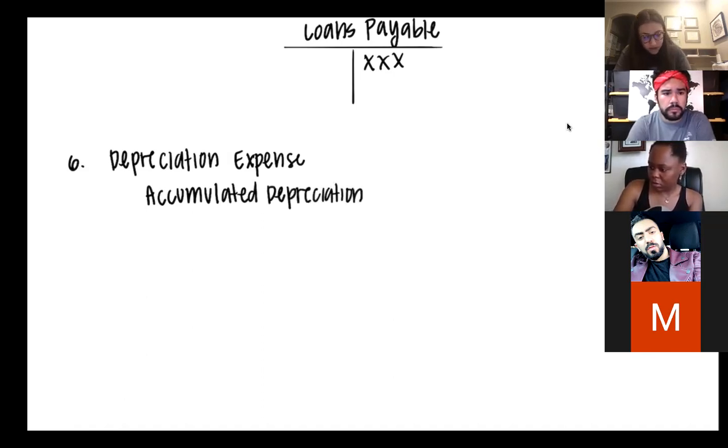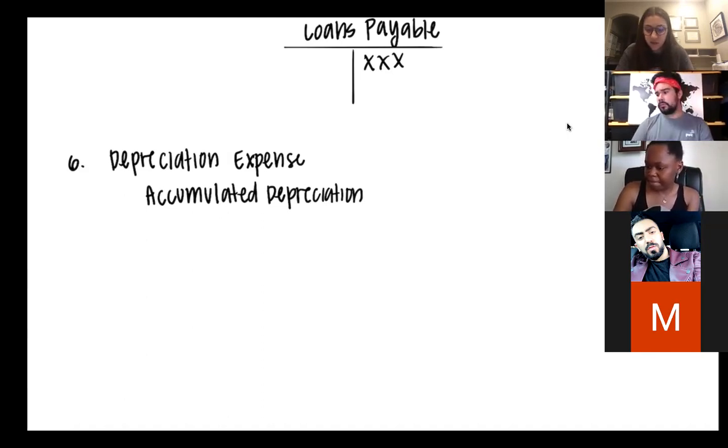And depreciation expense affects our assets, our liabilities, or our net income. Which one? Is it liabilities and net income? Why would it be your liabilities? Net income.